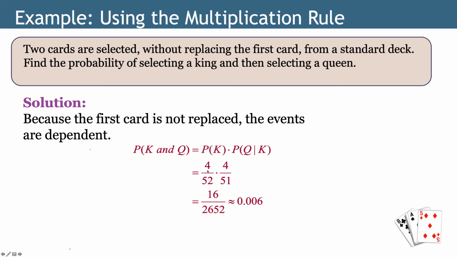So since I didn't replace it, that changes the probability for the queen because there's not 52 cards, there's now 51. So there's still 4 queens, but out of 51 cards now. So this one was dependent on the fact that I already took this king. So multiply that out, there you go. So really, really low probability of that. And again, this is a theoretical example.